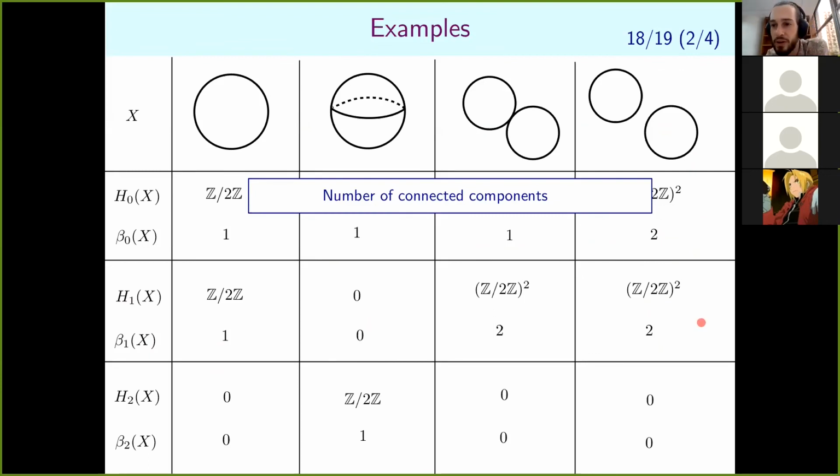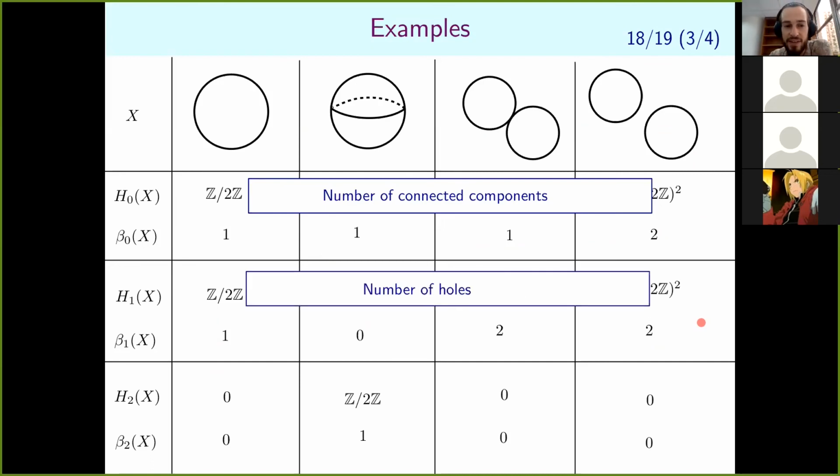And you can understand this first Betti number as the number of holes in your topological space. For instance, one circle has one hole. There is one hole inside the circle. Two circles have two holes, but a sphere does not have any hole inside.